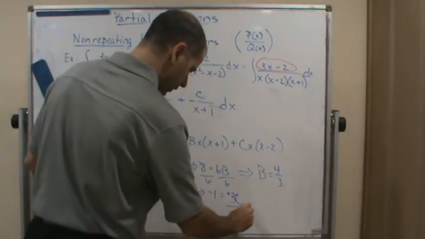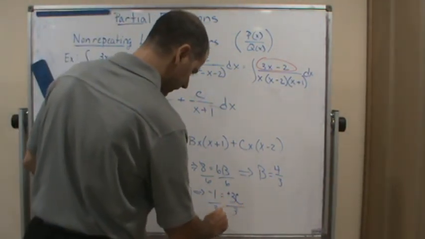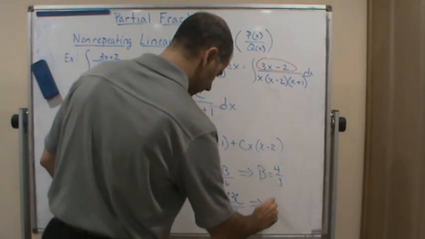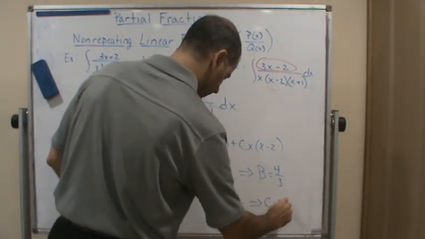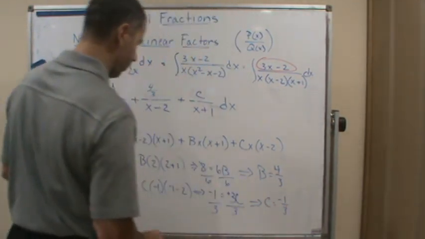And then if we divide both sides by 3, that gives us C equals -1/3.